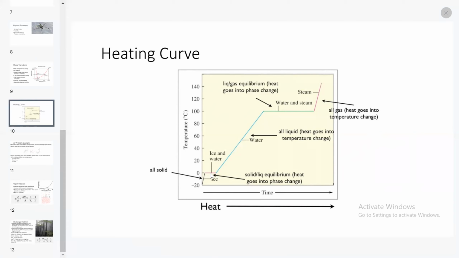But then the temperature remains constant, because at this point we have a mixture of ice and water, right?